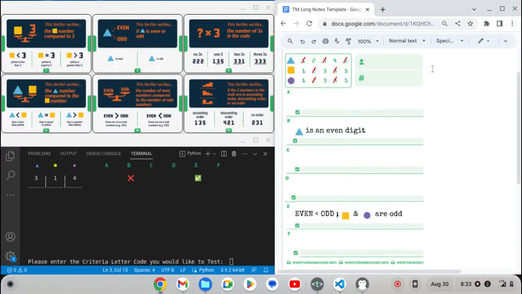Okay, so let's see. We do have this criteria card that tells us how many 3s there might be. We also have a criteria card that lets us know the comparison of the first 2 digits.